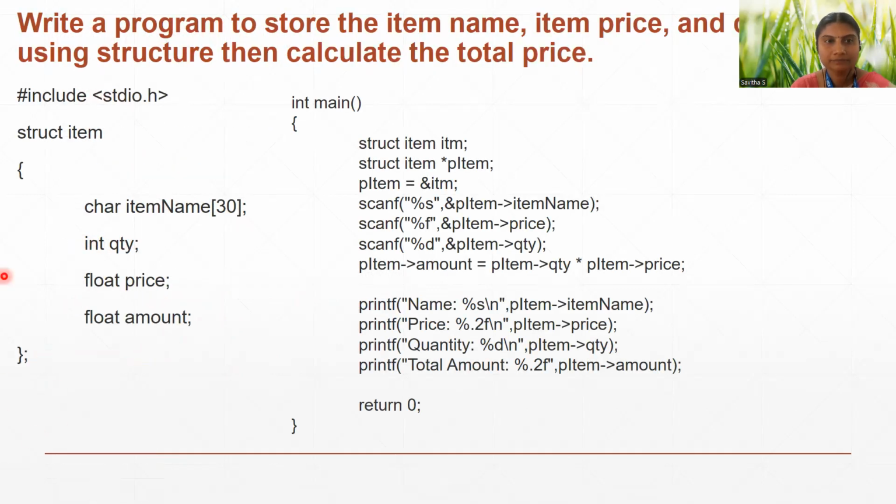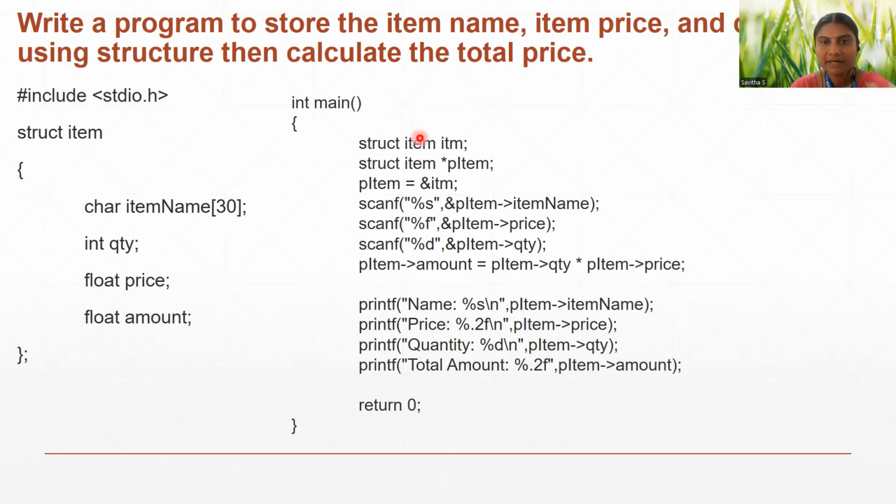Second example. Here, the same example has been explained again, but instead of using the structure name or structure object as a normal variable, we have utilized a pointer variable. Item name, item quantity, item price, and total amount are also calculated in the structure itself.